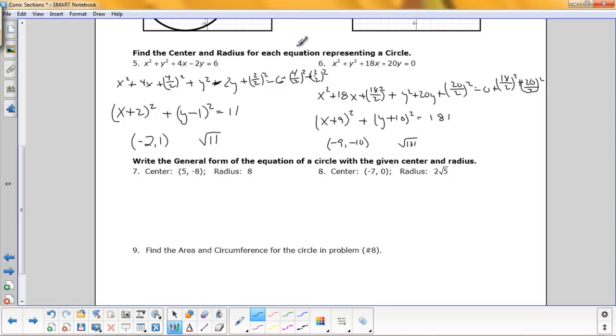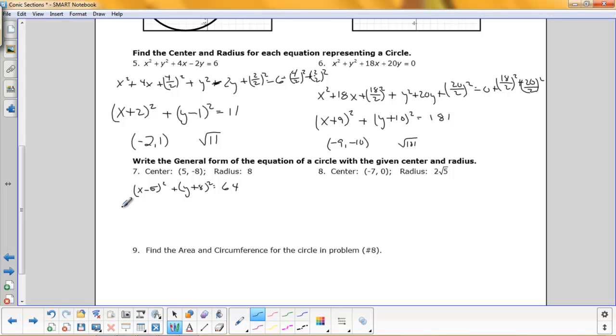Alright, now what we're going to do is work backwards here. It is very simple to work backwards from standard form to general form. All you need to do is multiply out your perfect square trinomials and you'll be done. (x minus 5) squared plus (y plus 8) squared equals 64.